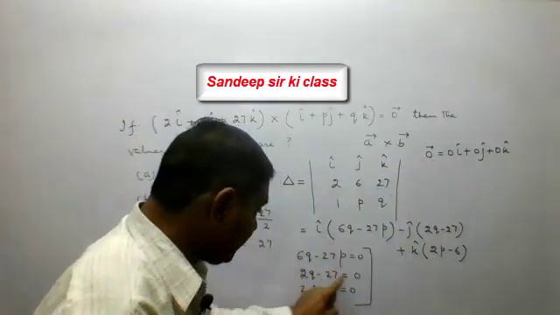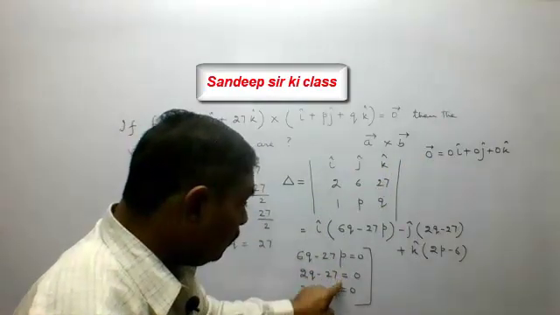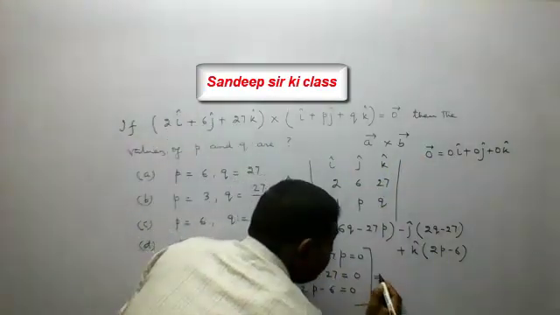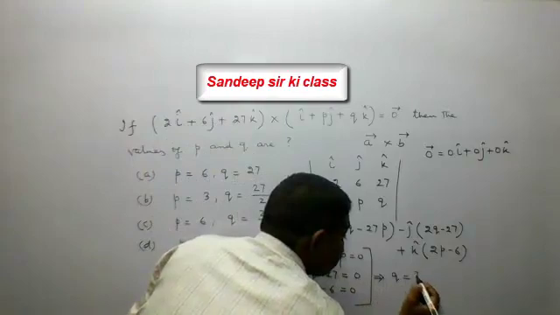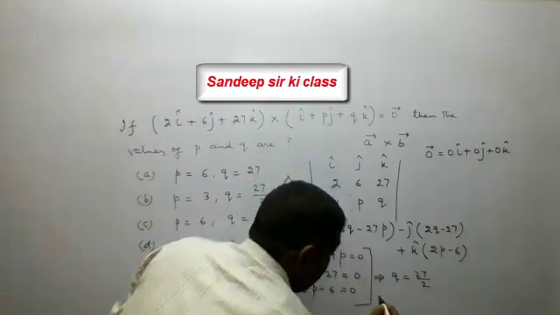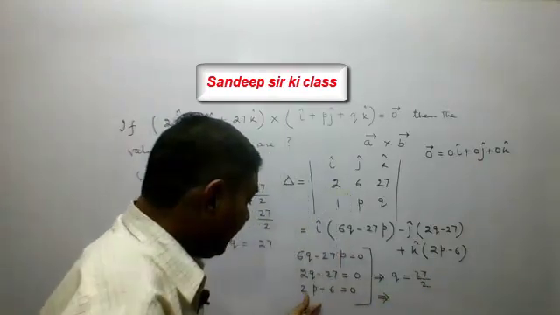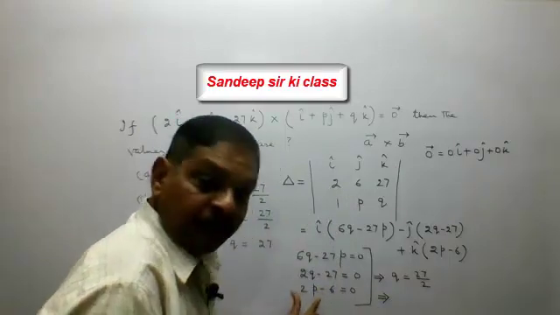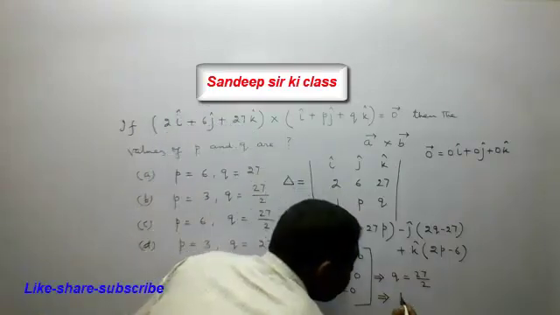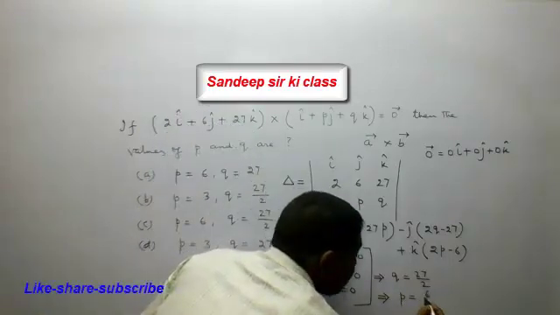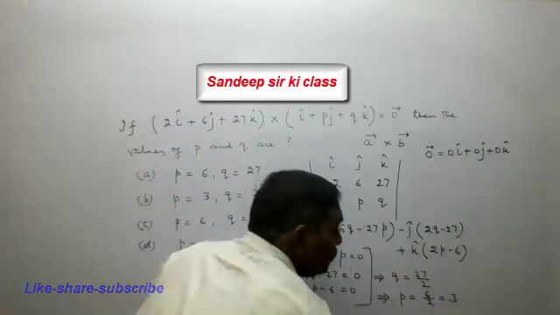Now from the second equation we obtain q value as equal to 27 upon 2, and from the third equation we obtain value of p as 6 by 2, that is 3.